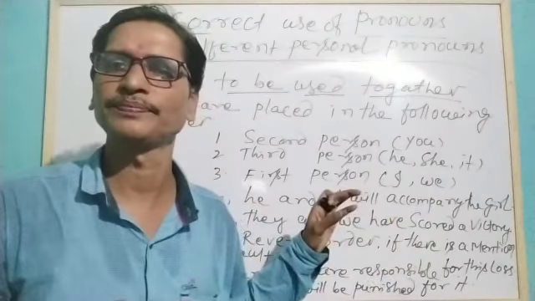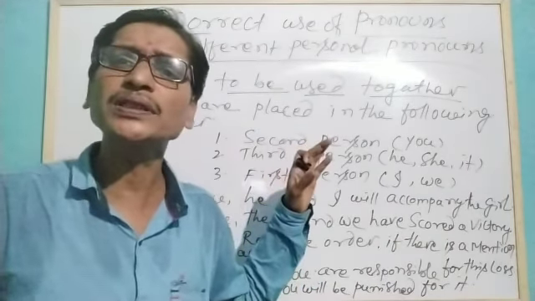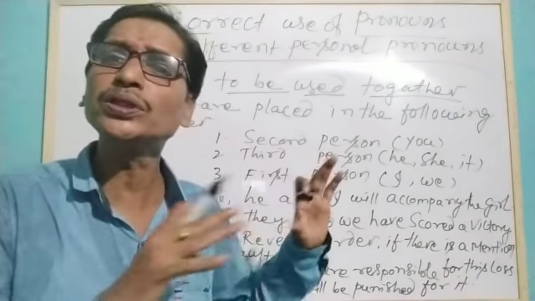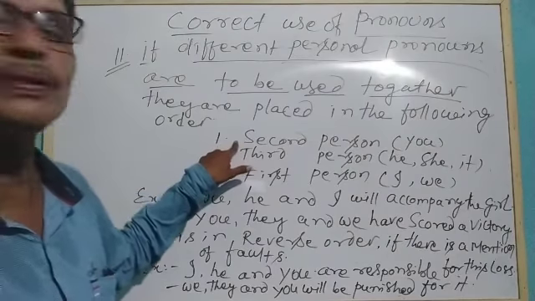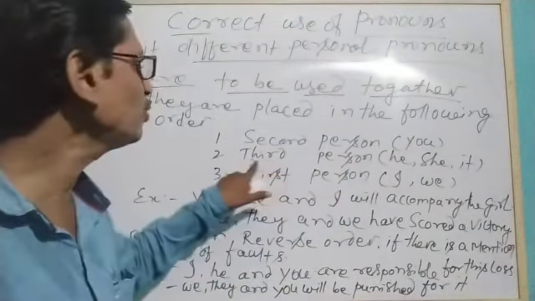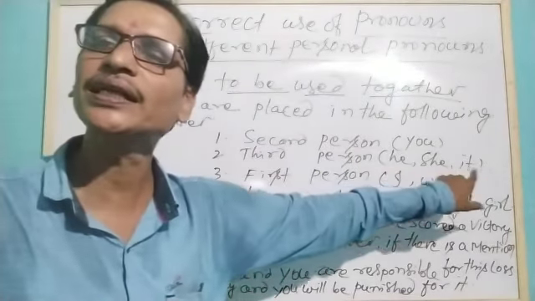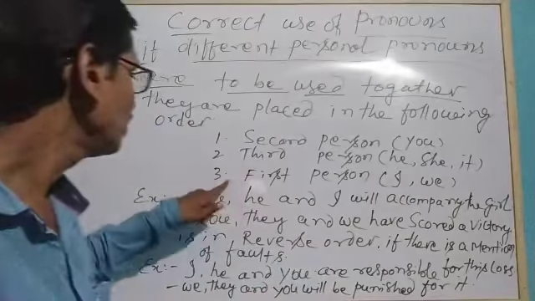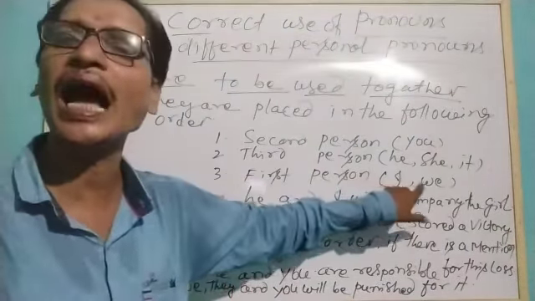That is the rule. First we will use the second person, that means you. Then we will use the third person, that means he, she or it. Last is the first person, that means I and we.